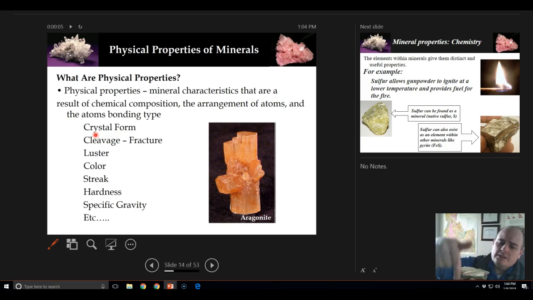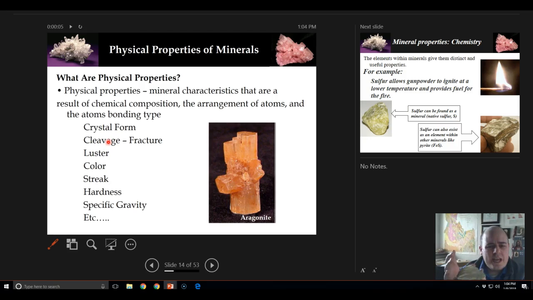But the bonds in this direction are not very strong, and therefore it will want to cleave in the direction of that weak bond. So if I pull it apart, there will be that weak bond between this plane and the plane beneath it, right? And so that would be what we call cleavage. And certain minerals will cleave along certain directions or break in certain ways.